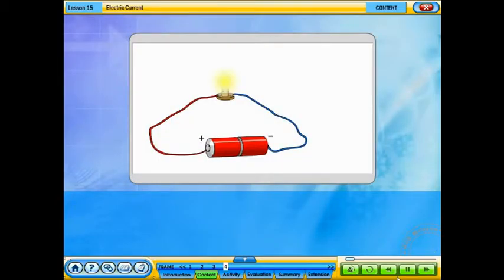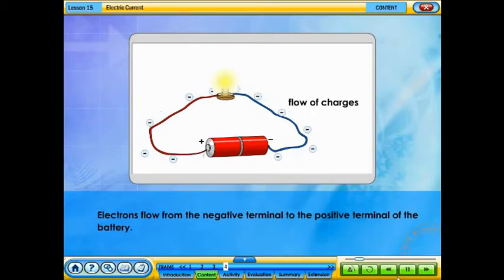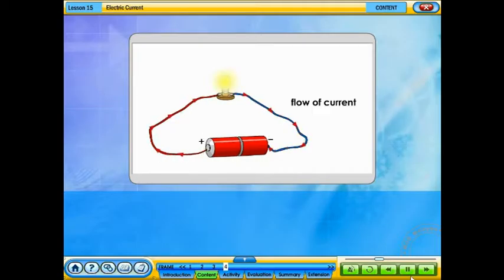When a battery is connected in a circuit, charges will flow. Electrons, which are negatively charged, flow from the negative terminal to the positive terminal of the battery along the circuit. In the circuit diagram, arrowheads indicate conventional current direction.